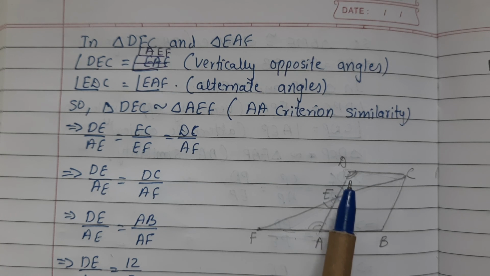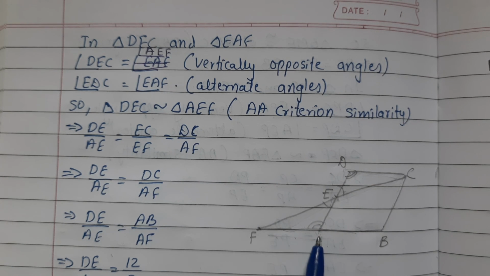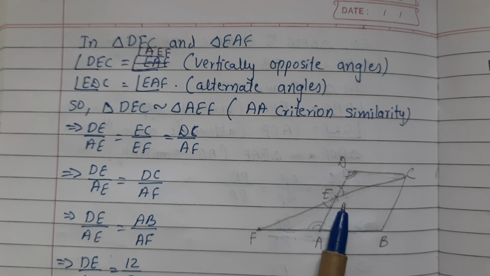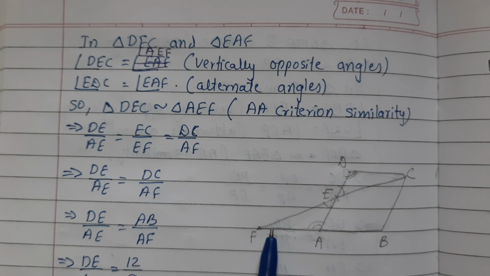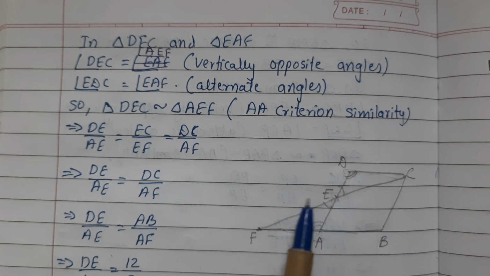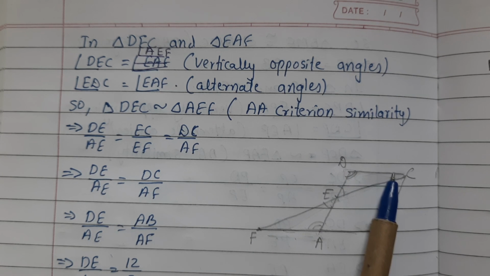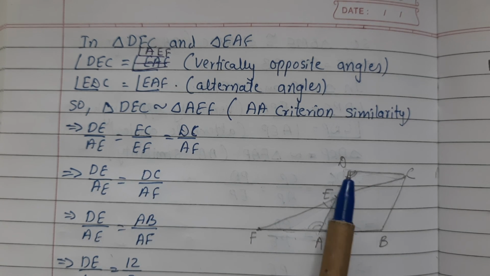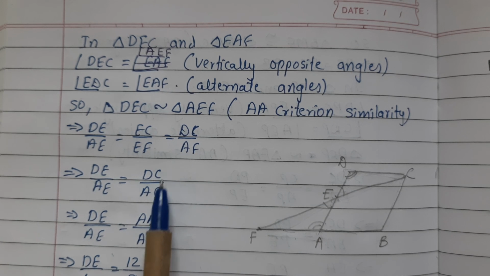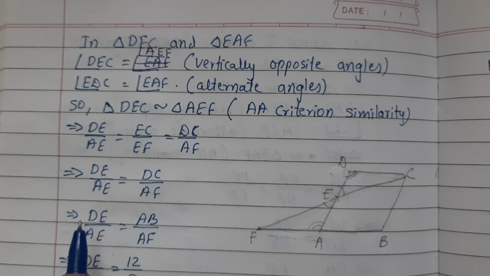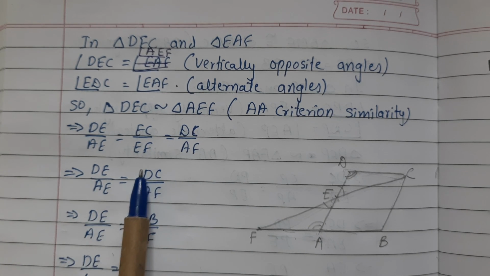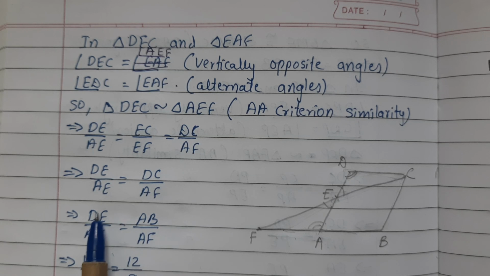Therefore, sides are proportional. DE upon AE is equal to EC upon EF. EC upon EF is equal to DC upon AF. DE upon AE is equal to DC upon AF. DC is equal to AB. So DE upon AE is equal to AB upon AF.